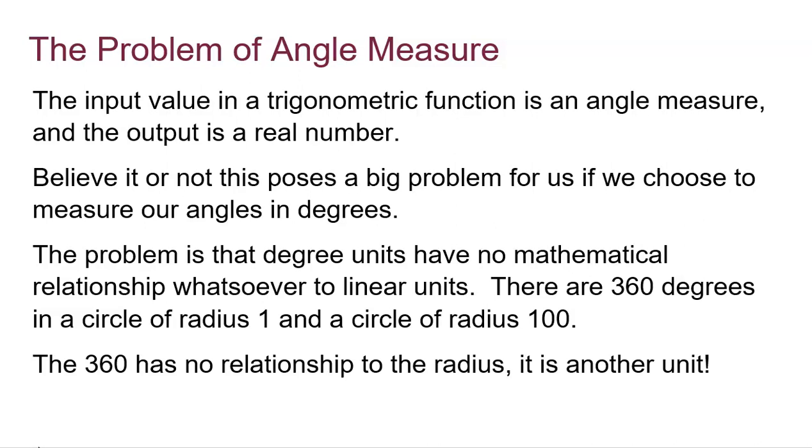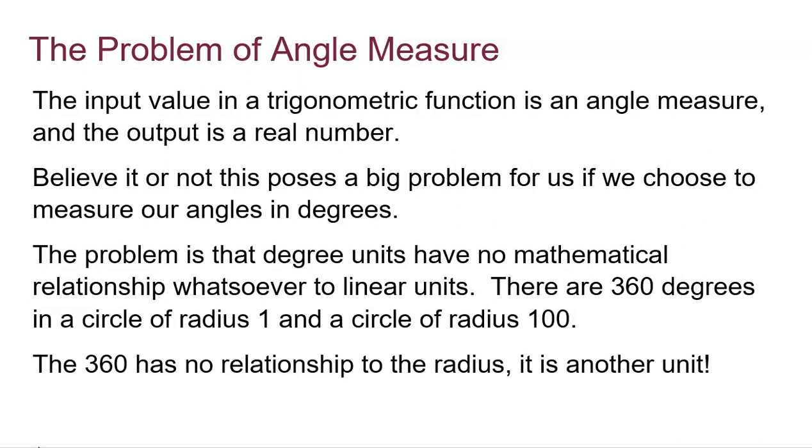So the actual angle measurement of what a degree represents truly has no meaning whatsoever to the relationship of linear units, which is measurements of length. So, a circle's size is truly dictated by its radius. Bigger circle, smaller circle.